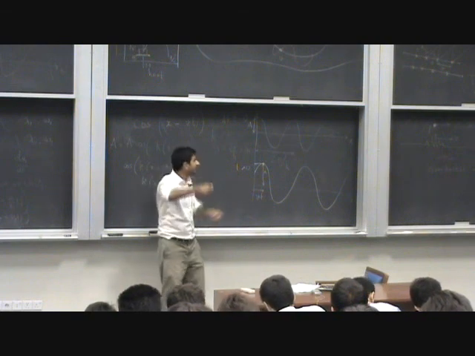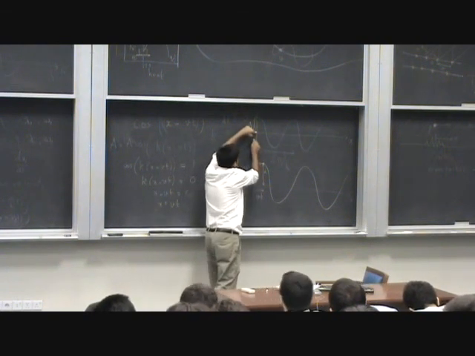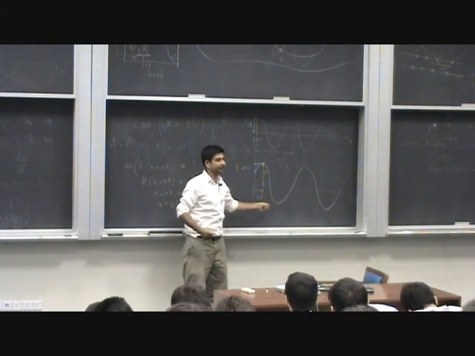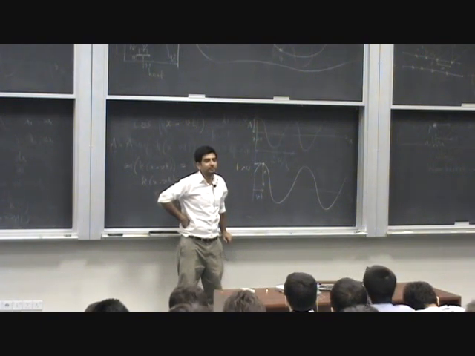So in time t, this point was at x equals 0. After time t, it has moved forward by distance vt. So what is the phase velocity of this wave? v.